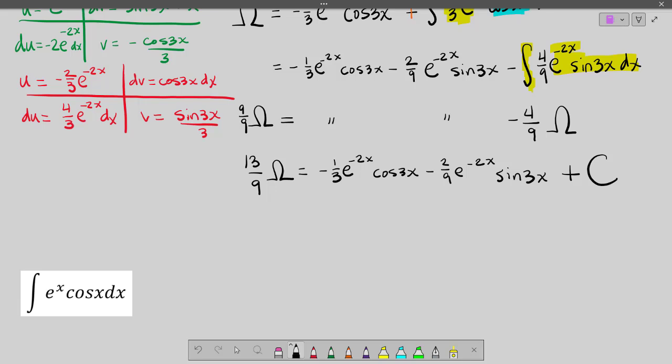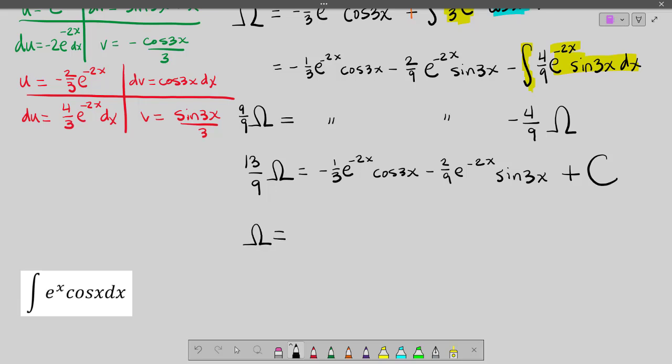What do you think our last step is? Divide by 13/9, multiply by 9/13. Exactly. Our goal is we're back to algebra 1. We want to isolate omega. So we add the two like terms of omega together, we take the coefficient, divide it out, and we isolate omega. So this is back to regular algebra.